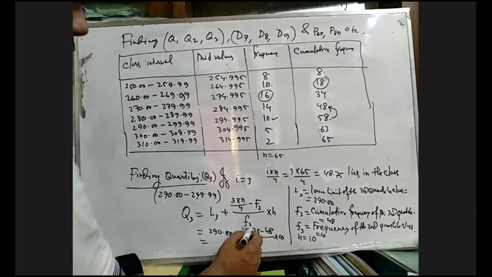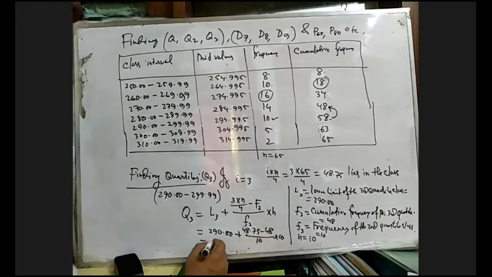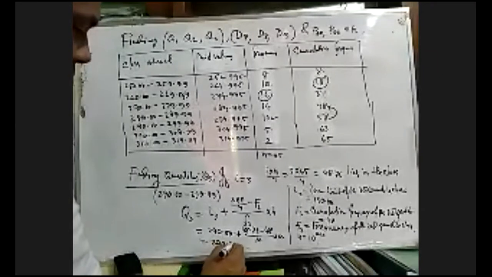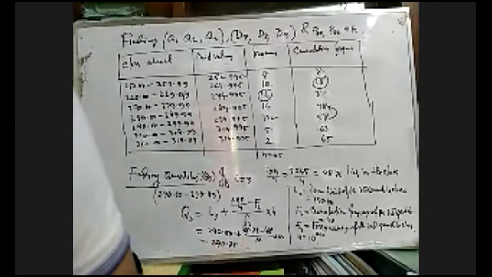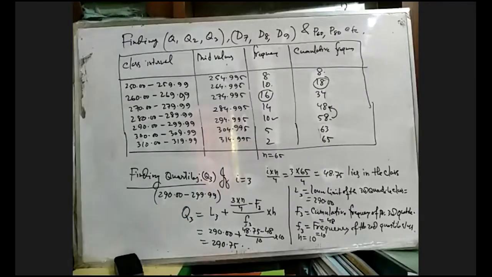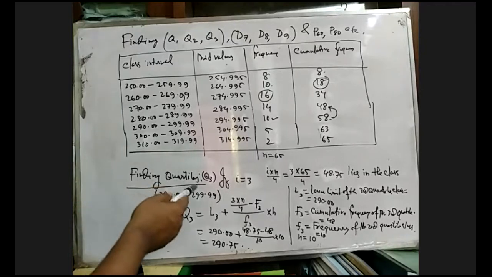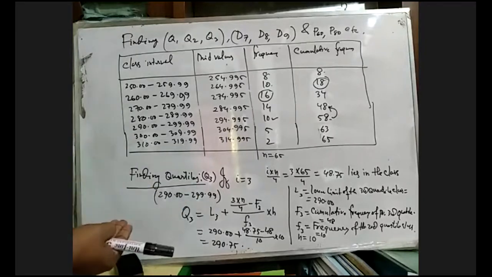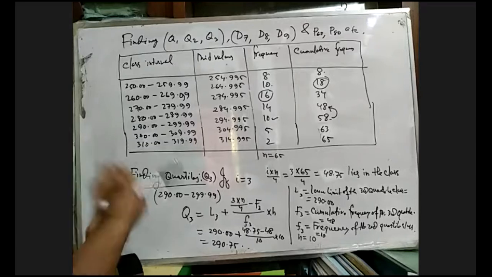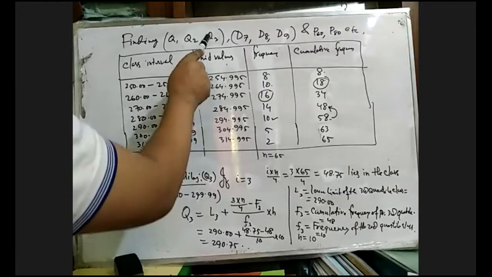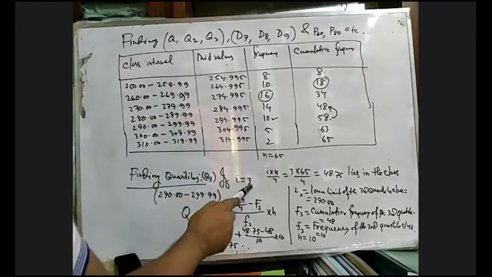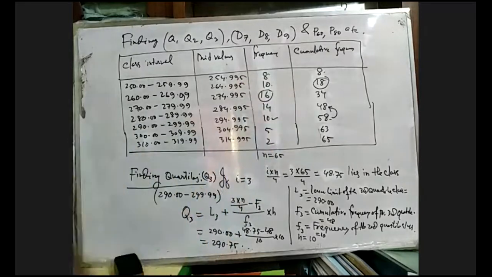After subtraction we get only 0.75. So 290.75 is the required third quartile. Very easy for you. In the formula we put i equals 1 for the first quartile, i equals 2 for the second quartile, and i equals 3 for the third quartile.